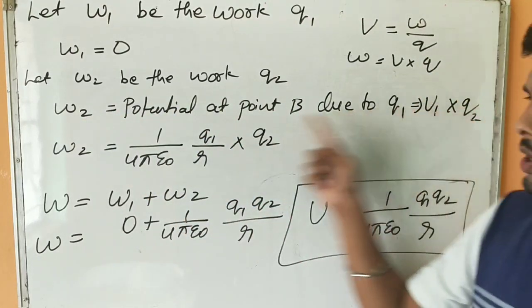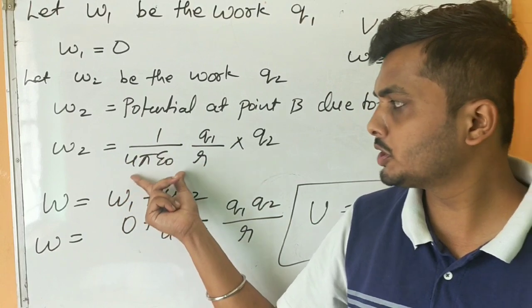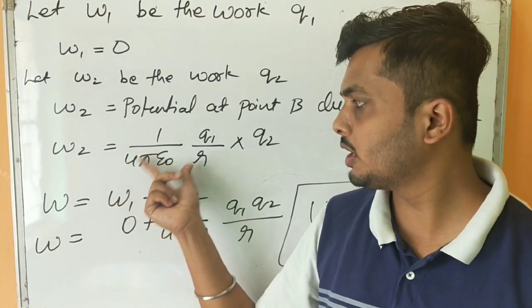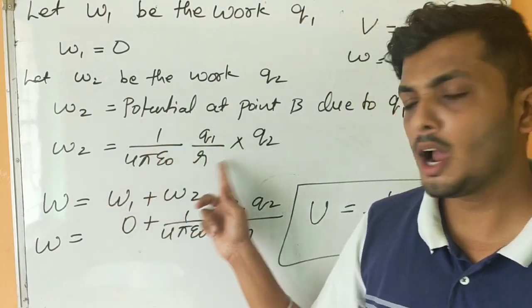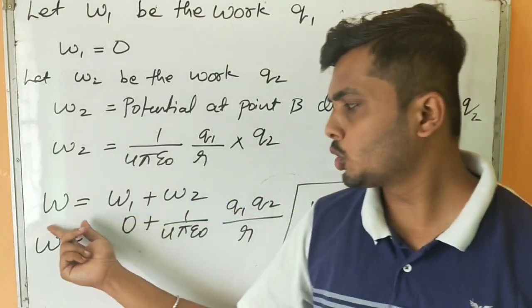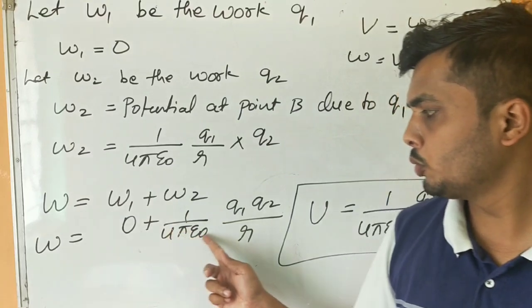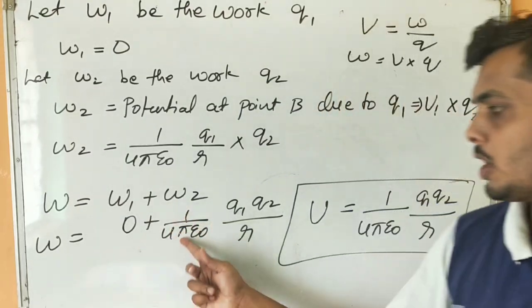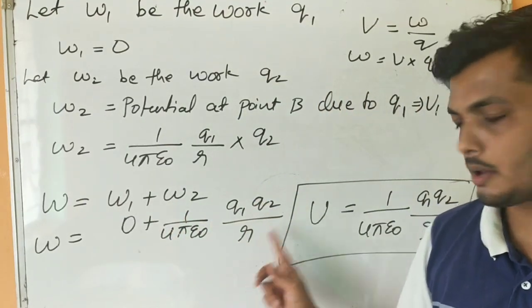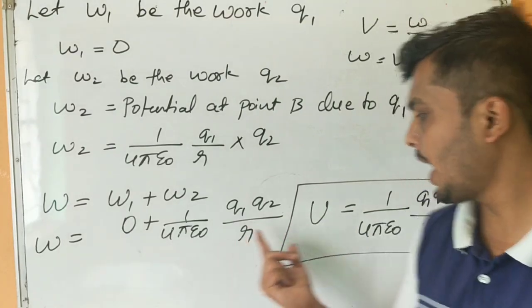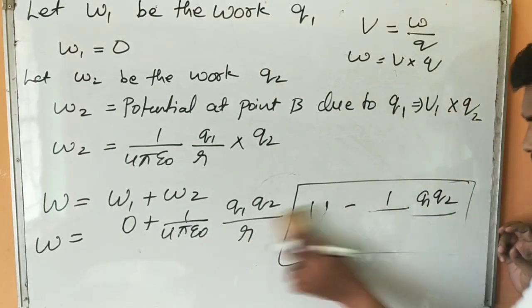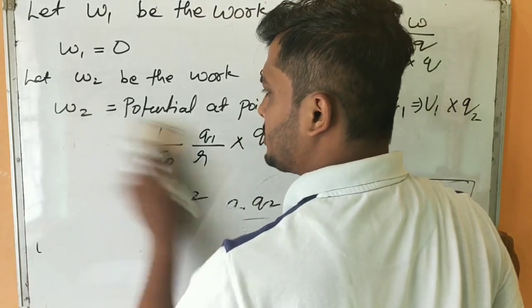V1 into Q2. So V1 is the potential at point A, that is 1 upon 4 pi epsilon naught Q1 by R, into Q2. So total work will be W1 plus W2. W1 is 0, W2 is this. So net work will be 1 upon 4 pi epsilon naught Q1 Q2 by R. So this work done is stored as potential energy. Clear, students? Are you understanding?